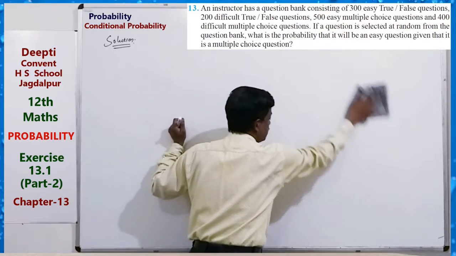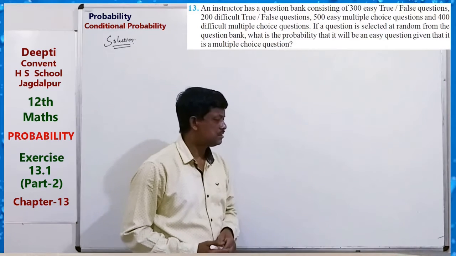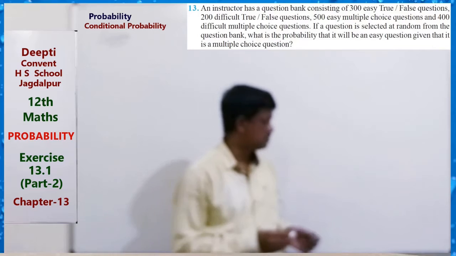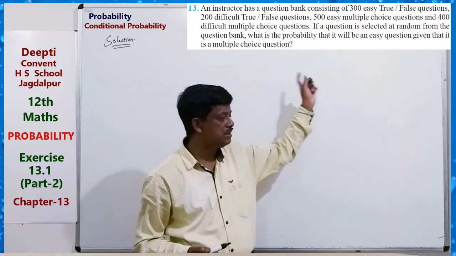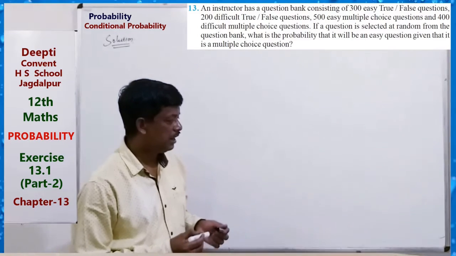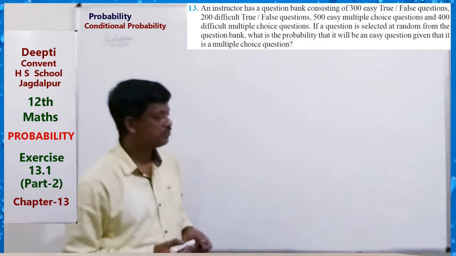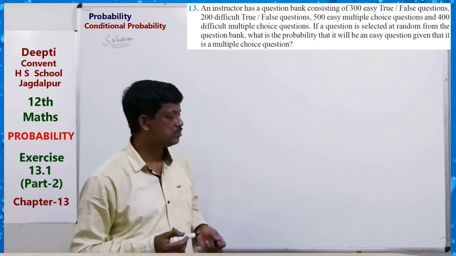The information can be written in a table. An instructor has a question bank consisting of 300 easy true false questions, 200 difficult true false questions, 500 easy multiple choice questions, and 400 difficult multiple choice questions.